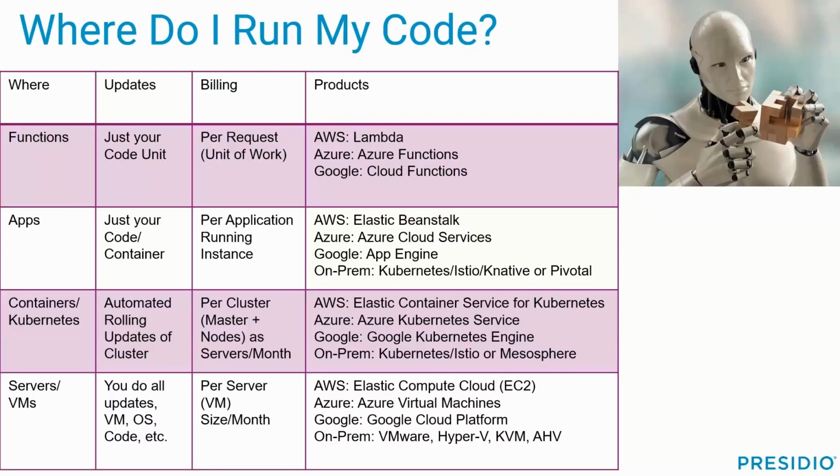But at the apps level, you have AWS Elastic Beanstalk, you have Azure Cloud Service, you have Google App Engine, you can do on-prem Knative or Pivotal, these setups. But you're still paying a small virtual machine for that app. You're actually going to set aside all the memory, all the storage, and all the CPU it requires.